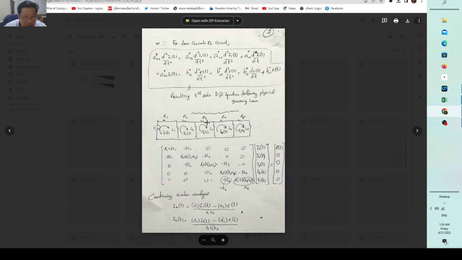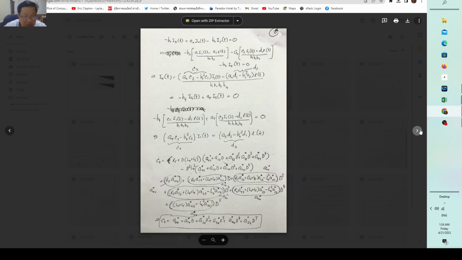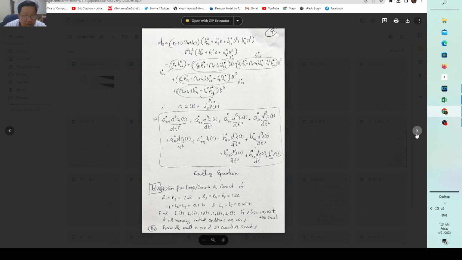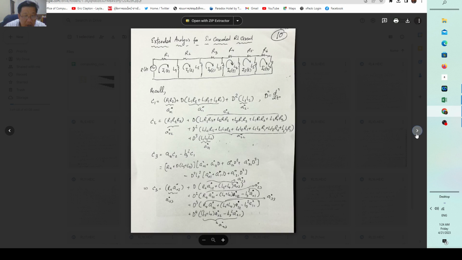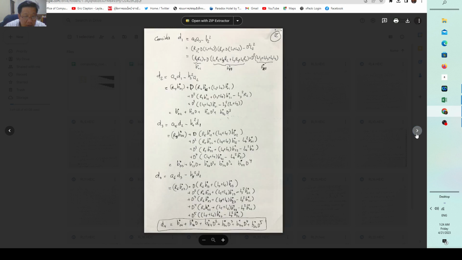If you move to the 5 stage here, d sub 2 is still the same, but for d sub 3 you start having d sub 2 times d sub 1. And when you go to d sub 4, you can see d sub 4 becomes d sub 3 and d sub 2, d sub 2, d sub 1.